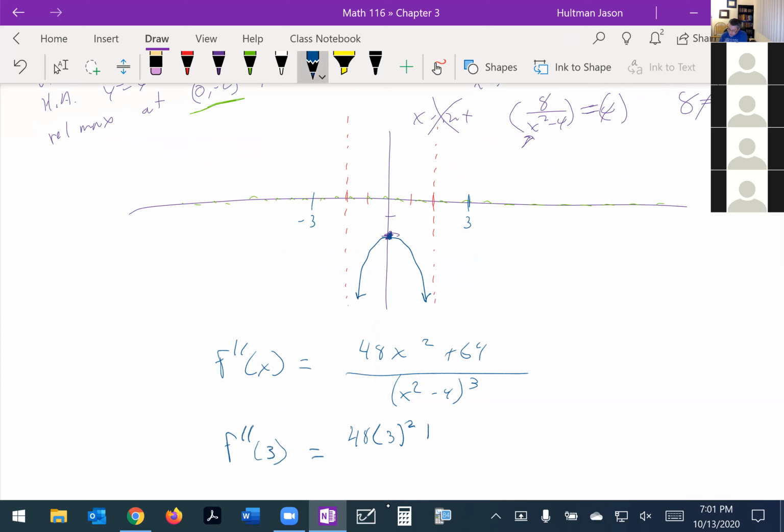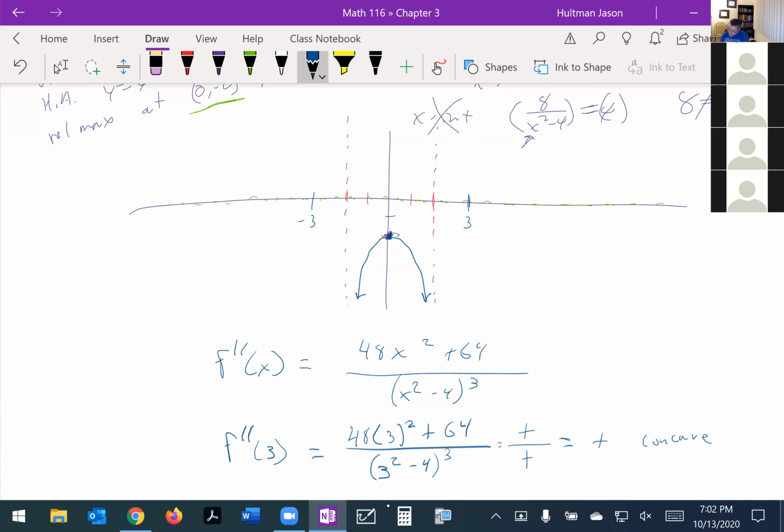The top is going to be positive. What's the bottom going to be? Isn't it 9 minus 4, which is 5, and then 5 cubed, that's 125, so that's positive. So what's a positive over positive? Positive. So that's actually concave up.